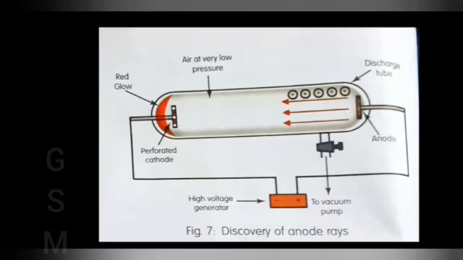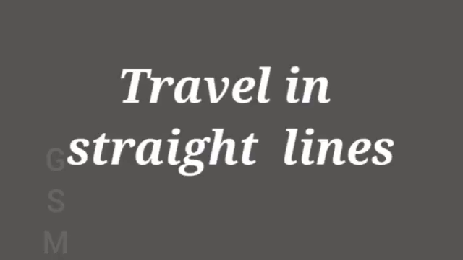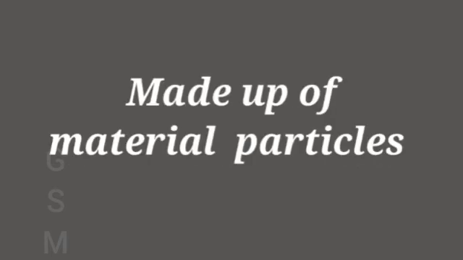Some properties of anode rays are like cathode rays. They travel in straight lines and cast shadows of objects placed in their path. Like cathode rays, anode rays are made up of material particles which have energy in them, as they rotated a light paddle kept between the cathode and the anode.